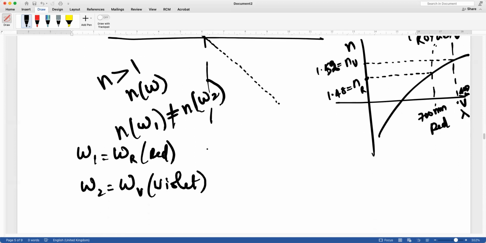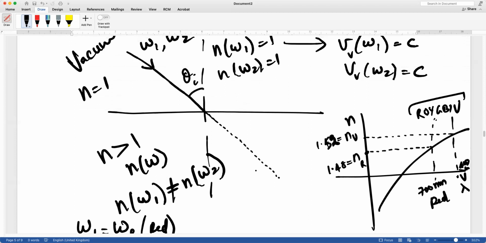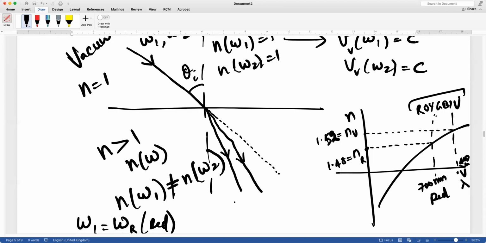I will give you a bit of a clue to think about and solve the problem. It will bend at two different angles. Omega 1 and omega 2 will get different paths, the reason being the medium is giving different refractive indices.